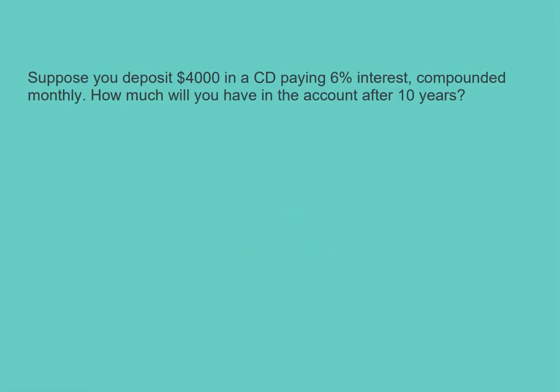So this example says, suppose you deposit $4,000 in a CD paying 6% interest, compounded monthly. How much will you have in the account after 10 years? All right, so the formula again is A = P(1 + r/n)^(nt).